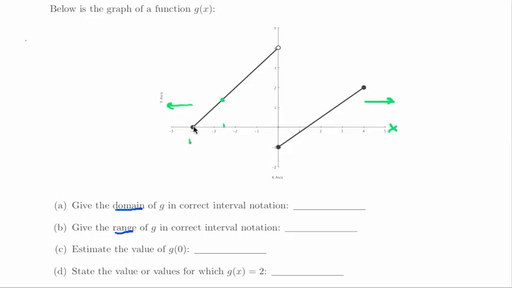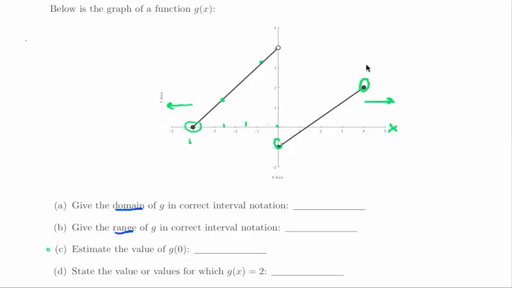Now what about in the middle? Well, it looks like we're okay at negative 4. There's a function value. And every x value I see in the meanwhile has a corresponding output. Even the one here at 0, that's where 0 goes. And that's going to be of use right here in part C. It looks like the graph exists at every x value between negative 4 and 4, including negative 4 and including plus 4, but nowhere else.